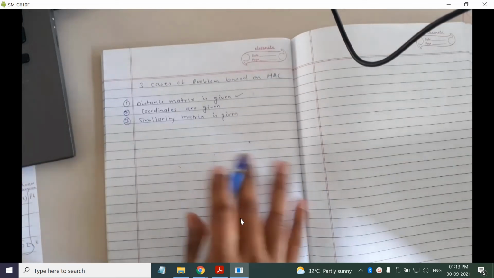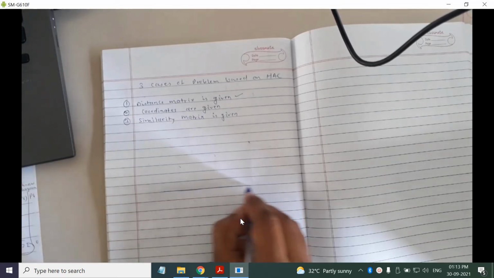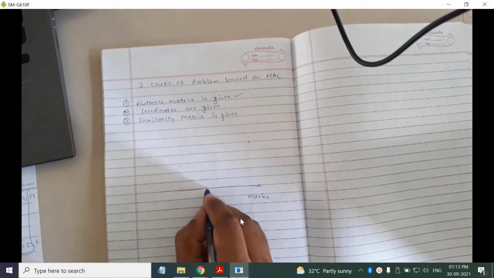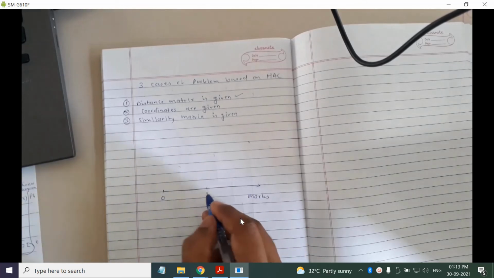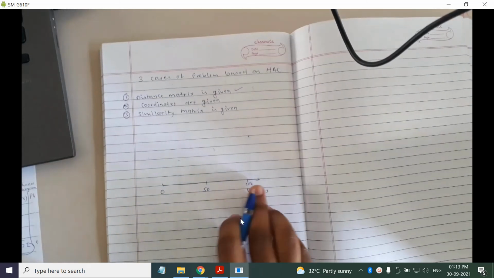So take an example of your performance in the exam. If I plot marks along the x-axis, our exam is out of 100, so the maximum I can have is 100 marks.